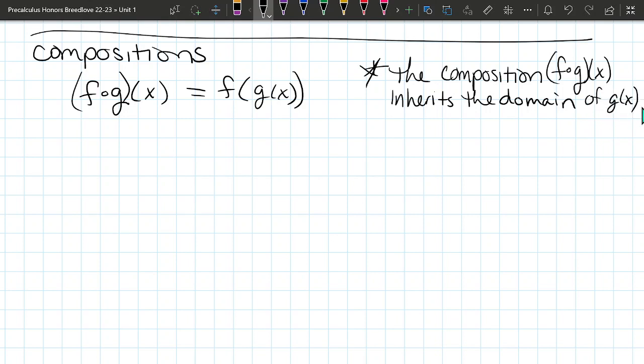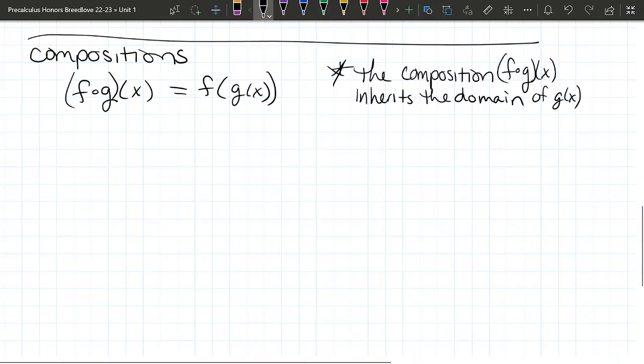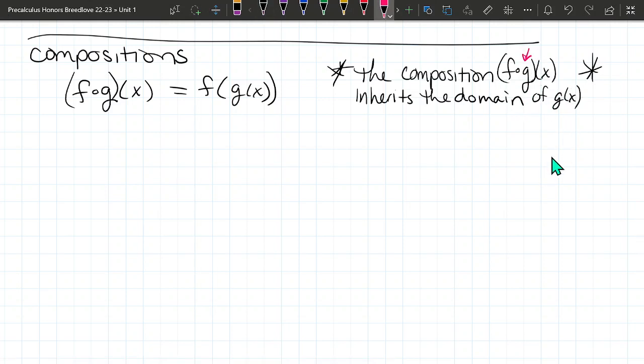It's not always the one that's labeled g of x. It's because the g came second in the way I wrote it. So that's the one you need to use. It'll match the domain of the second function, the one that is being put inside of the first function. And then there's something else we'll add to that in a minute. I forgot where it was, so we'll find it once we get there.